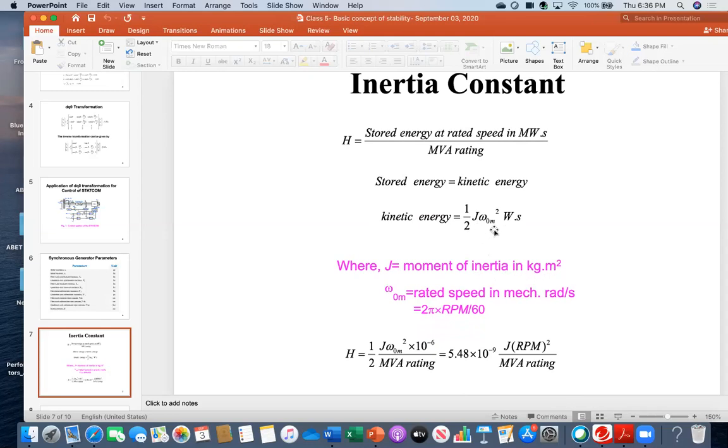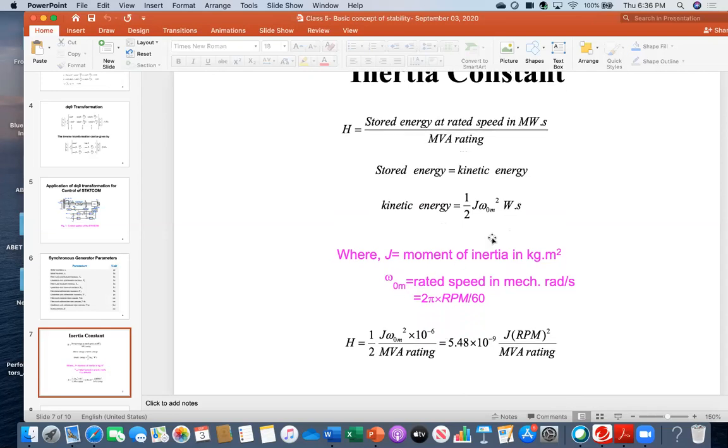And then omega naught m square, that is the speed. That speed is the rated speed of the machine, which is actually the shaft speed for a synchronous machine. That omega naught m is the rated speed in mechanical radians per second, which you can write as 2 pi RPM over 60.